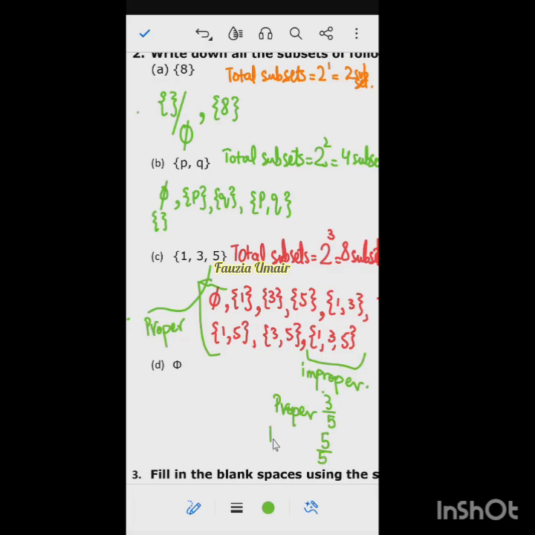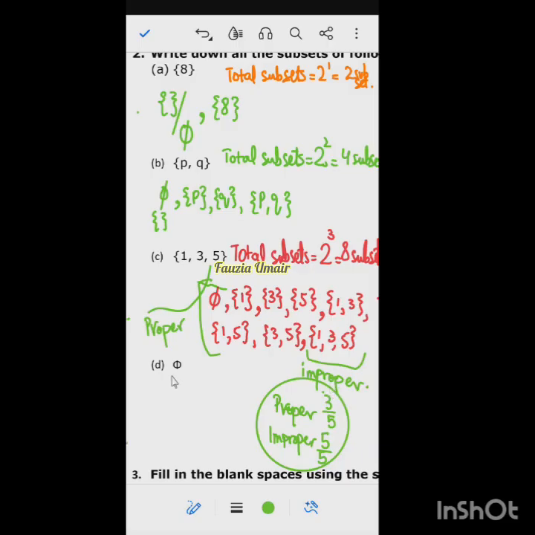So this is called improper. Same is the case here. Proper subsets are those where the elements of the smaller set are fewer than the superset. As soon as it becomes equal to the superset, we call it an improper subset, right?